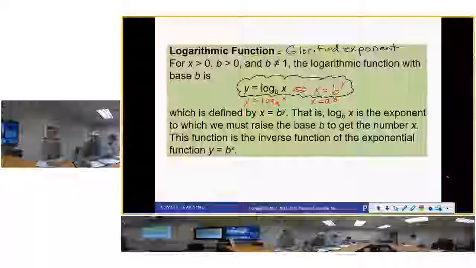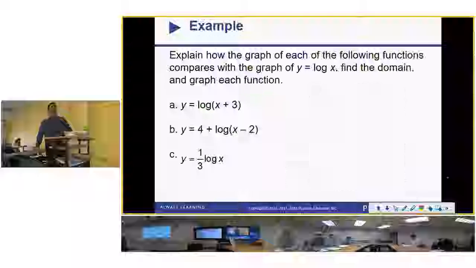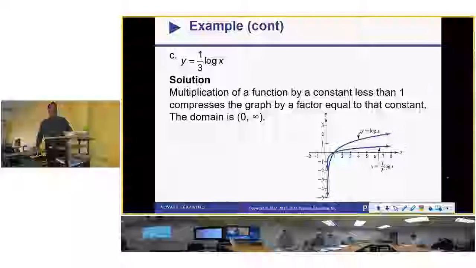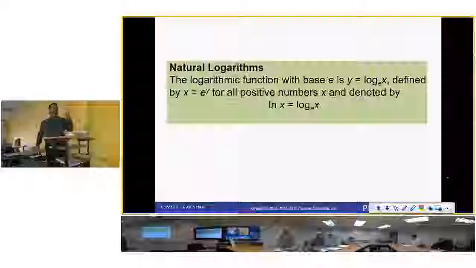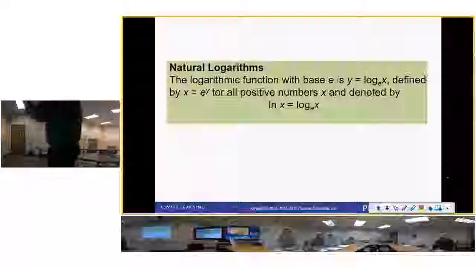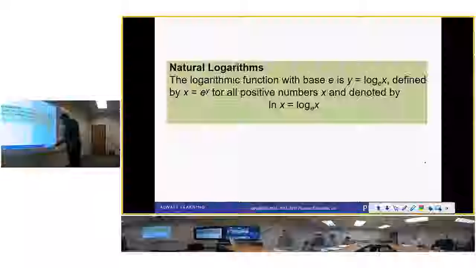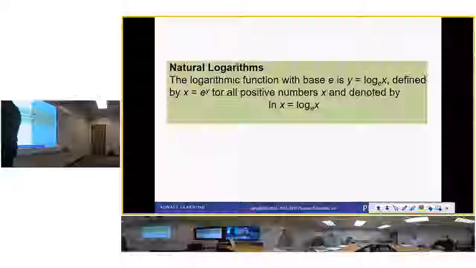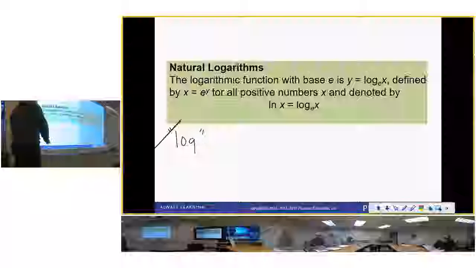All right. Now I want to go back to that, what I told you the other day. There's two logarithms that your calculator can do. One is LOG, and you'll hear teachers call it LOG.